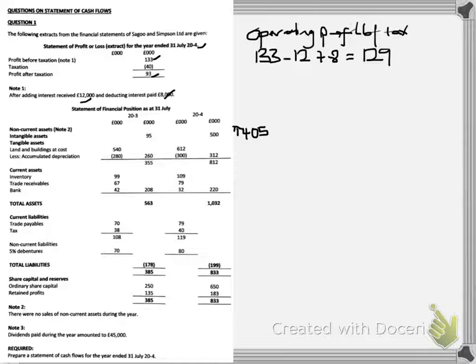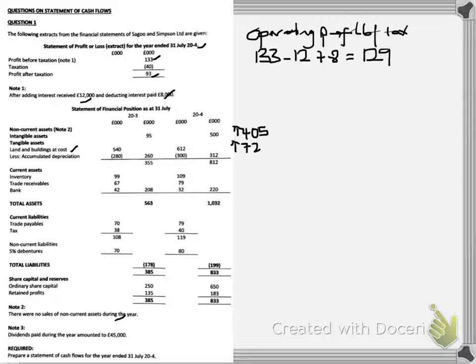Tangible assets, we have land and buildings. We can see that the figure has increased by 72. And down here in note number 2, it says that there has been no sales of non-current assets during the year.